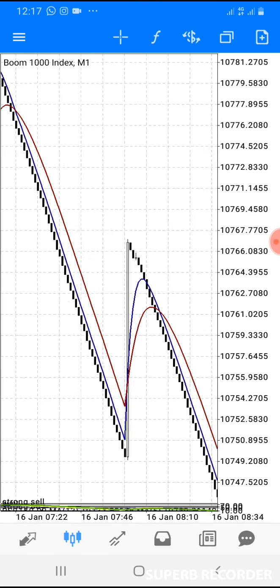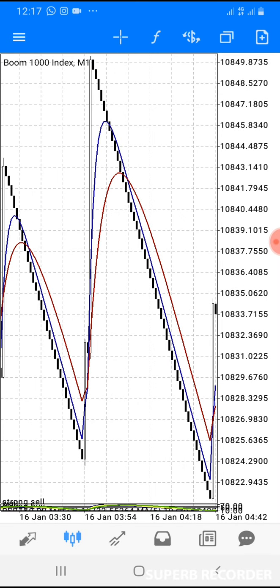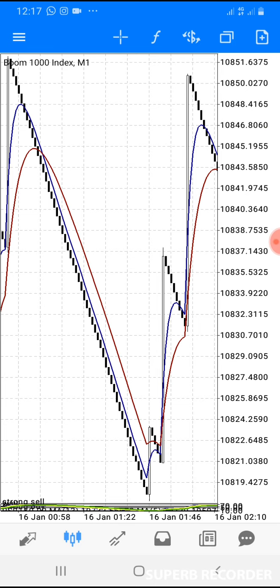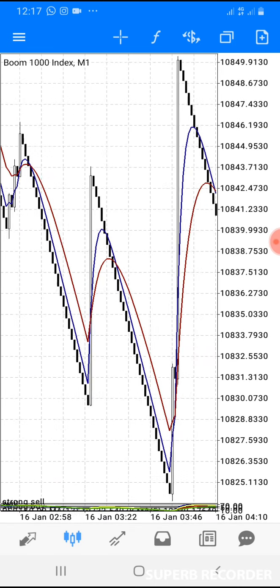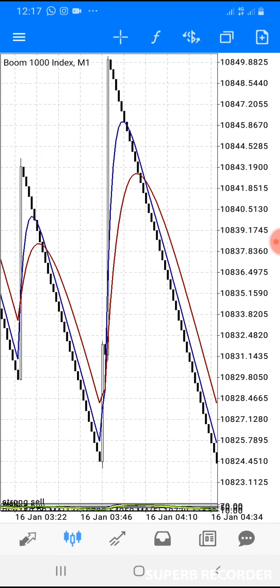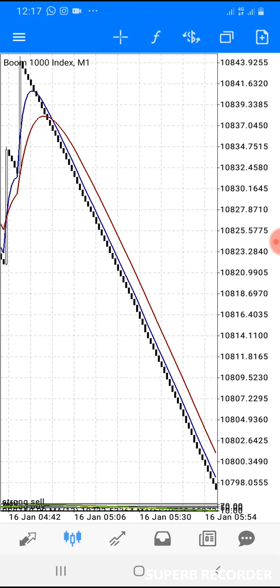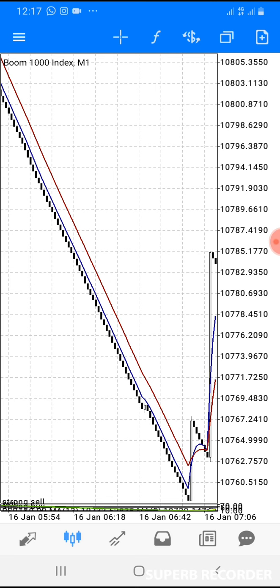So let me count the number of times this strategy has worked. Okay, let's say today is January, right? Let's say you start trading at 5 a.m., right? Or at 6, let's say 6.